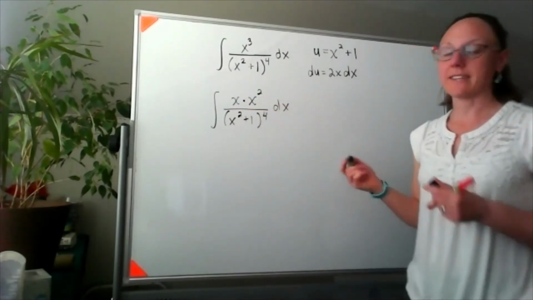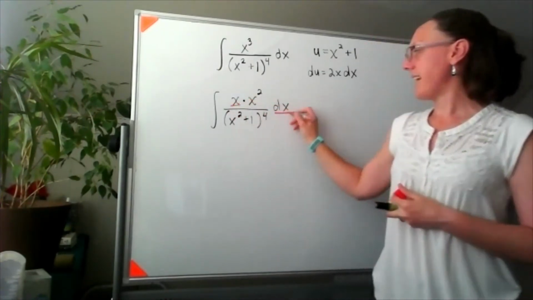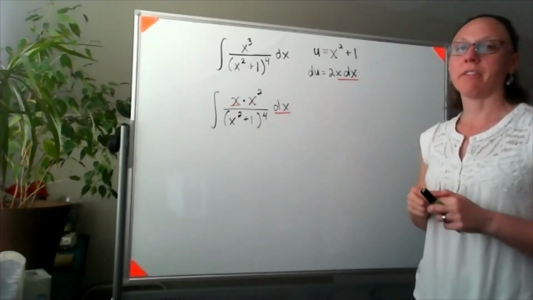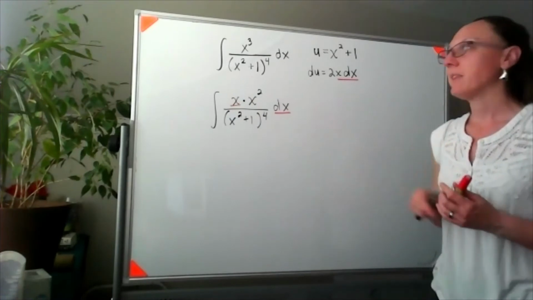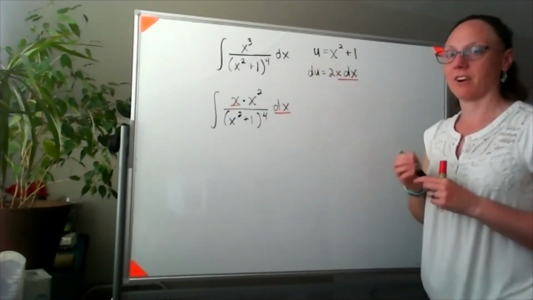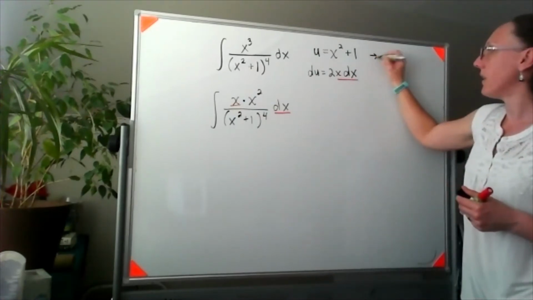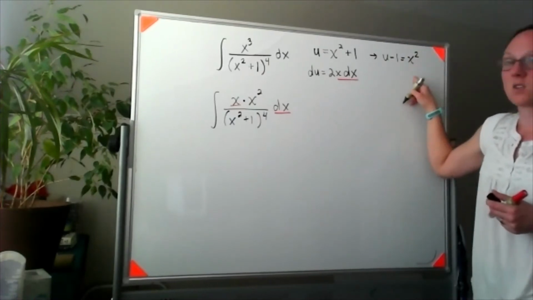The reason that that's helpful now is the x dx I have, and if I think about this u substitution as my vocabulary list, it's pretty easy to get x squared from my vocabulary list. If u is equal to x squared plus 1, then that means u minus 1 is x squared.